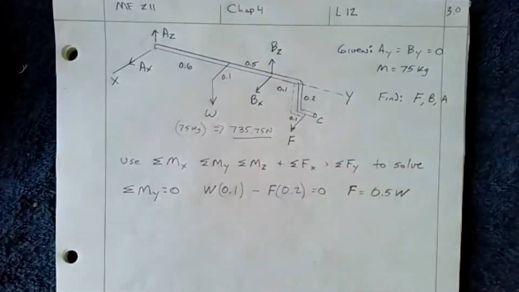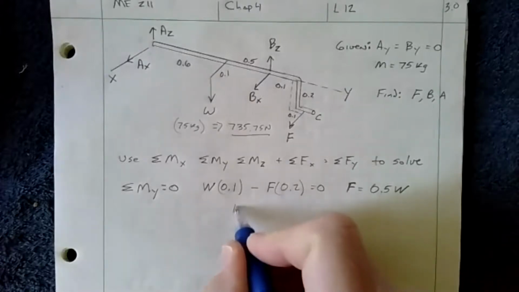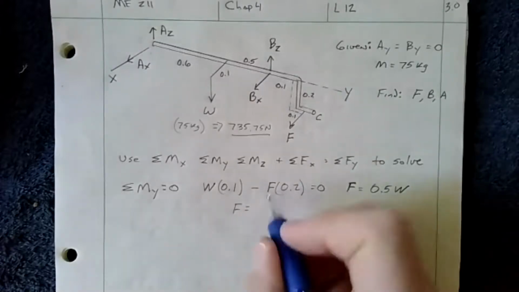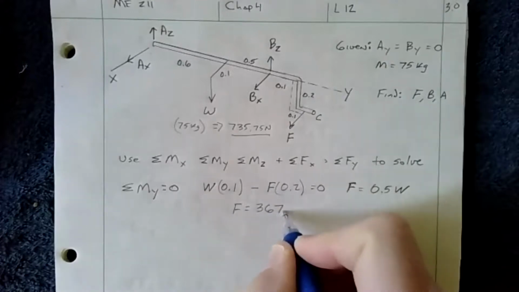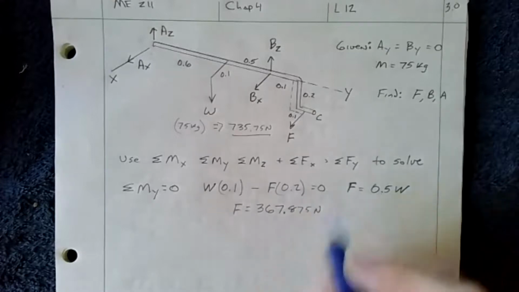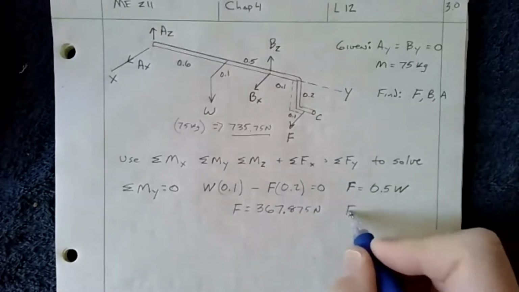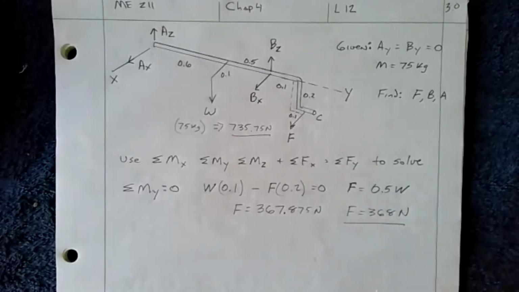Okay, so then we know that the force is equal to 367.875 newtons. And I'm carrying extra sig figs, we don't need to, but F is really 368 newtons. Okay, so we get that right away.